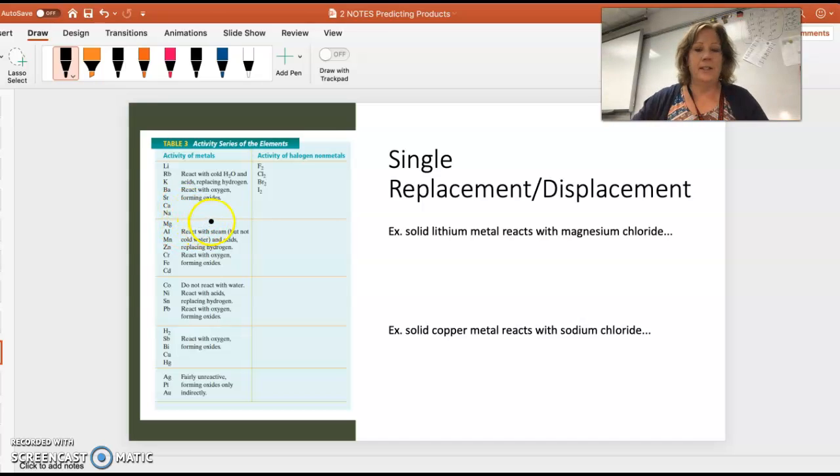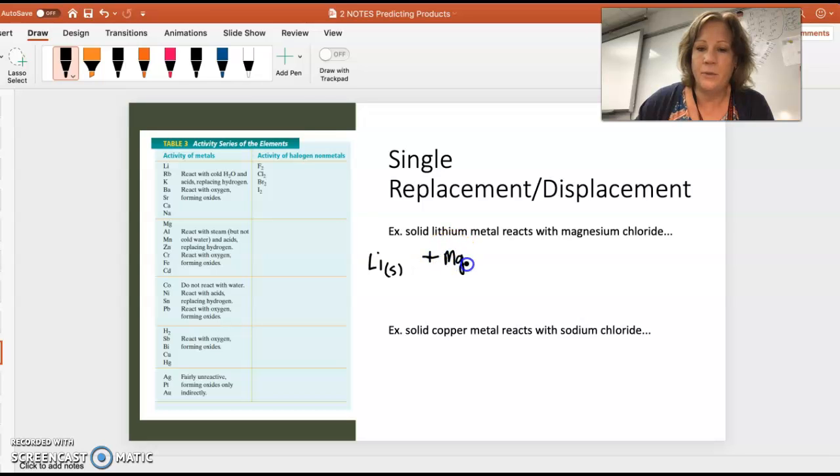So here's an example. Lithium metal, and it's a solid, and then magnesium chloride. Magnesium is +2, it's in group 2. Chloride is -1, it's in group 17. Normally I wouldn't make you come up with that aqueous, but for these reactions to happen, the compound has to be aqueous so that the lithium can go in and kick out that magnesium.